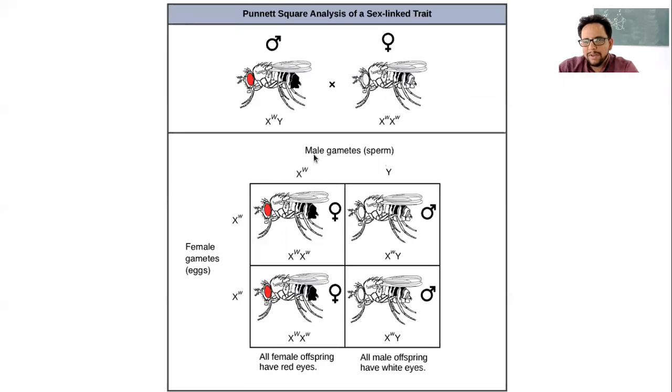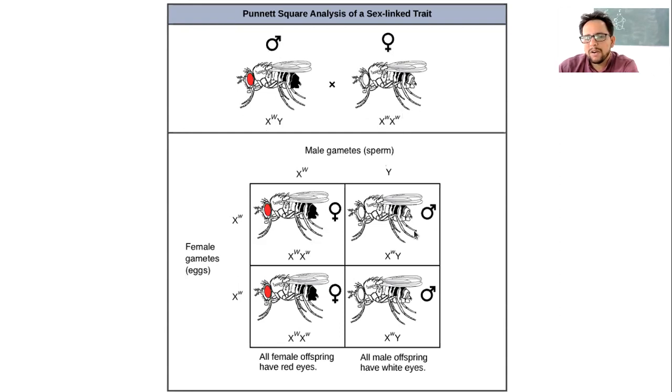Now, when we do different possibilities of the combination in these cases, what we get at the end is, let's say there is a cross where here is the male symbol, here is the female symbol, a male which has red eyes, that is the dominant allele, is crossed with a female which has both recessive alleles, that is homozygous recessive, right?